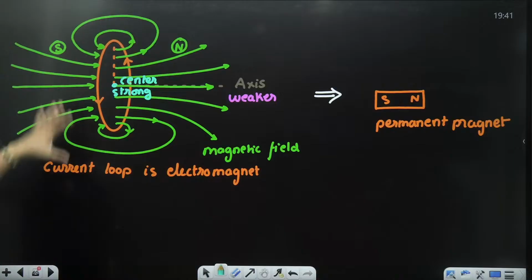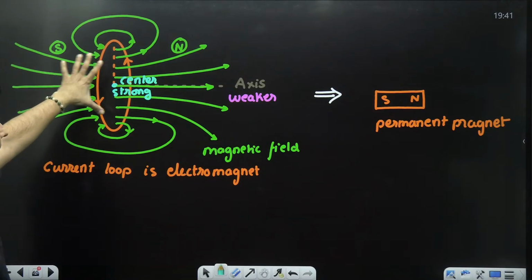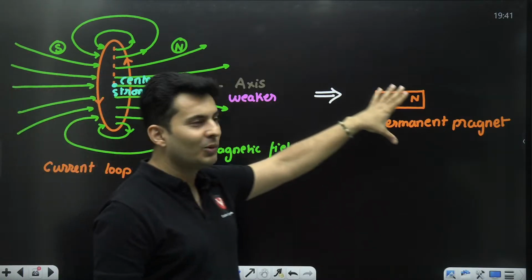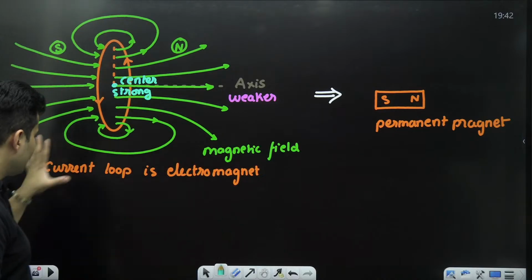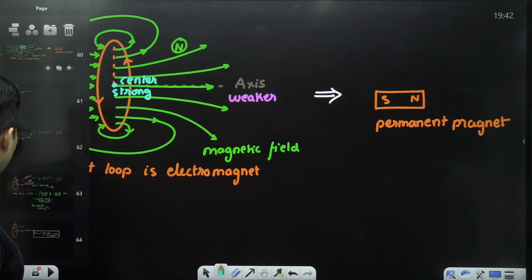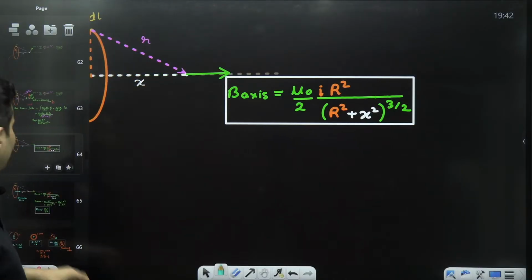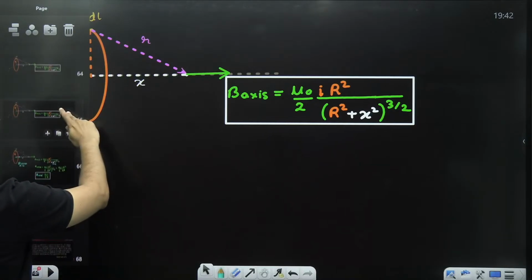Remember, I told you here, a field which is generated by a coil carrying current looks like this. And this looks very similar to a bar magnet's magnetic field lines. So this is exactly what we are trying to study. And we had derived an expression over here, which was like this. So let me just copy this over here.